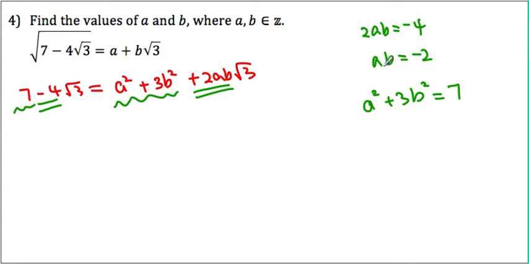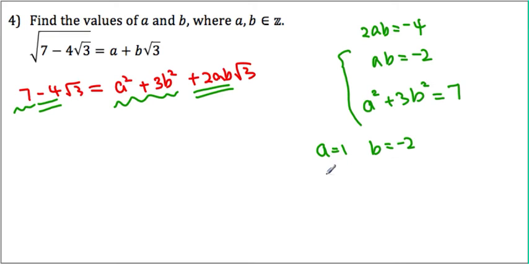What we're gonna be doing is this. Since those have to be integers, then what if you assume a and b will be particular numbers? Such as we can assume that a can be 1 or b can be 1. For example, if a is equal to 1, then b can be equal to -2. Let's see if that makes sense or not.